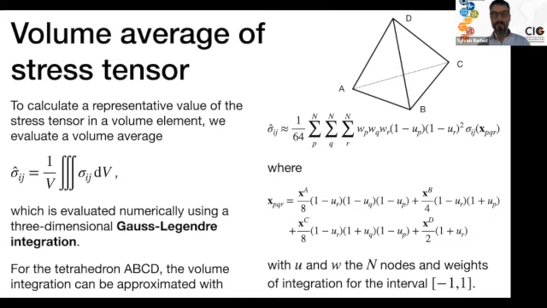So for example, for a tetrahedron ABCD volume element, with these corners A, B, C, and D, the average stress within this volume is simply a linear combination of stress at strategic points within the volume. It follows this kind of complex summation, which is due to the non-rectilinear geometry.